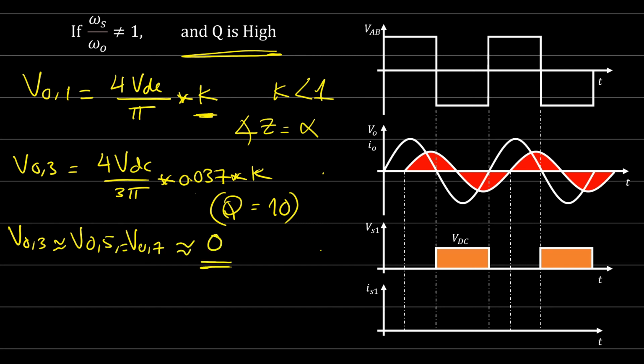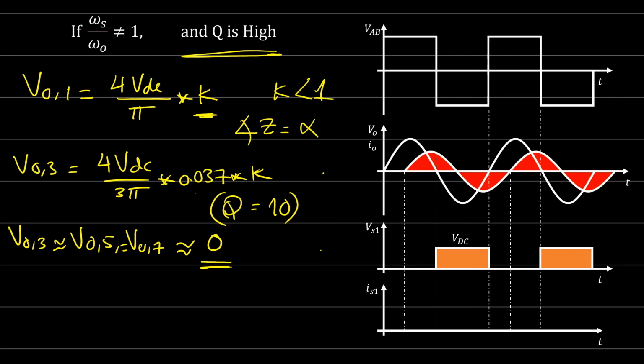Zero. They are cancelled. Filter again, because the load resonant converter, LR and CR, can act as a filter. Now, because we increased the frequency, our frequency is now greater than the resonant frequency. This means what?